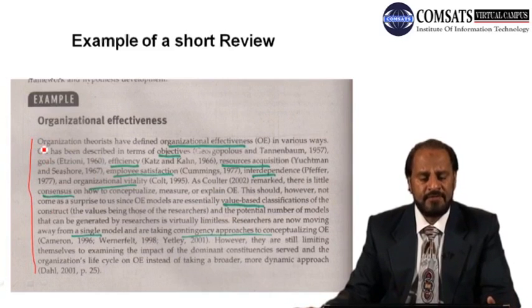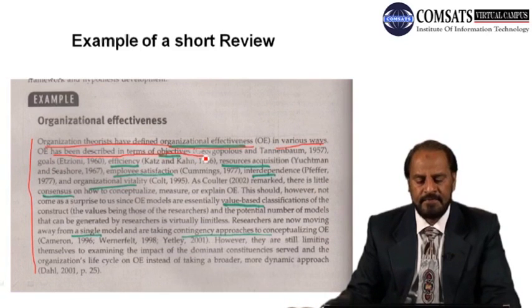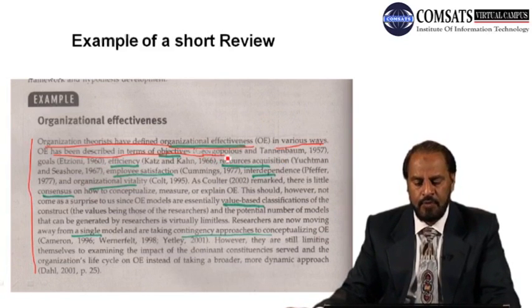Let's look at the first few lines and go through them together. It says, organization theorists have defined organizational effectiveness, that is OE, in various ways. OE has been described in terms of objectives by these authors, and here you see there are two authors, and the year of publication.